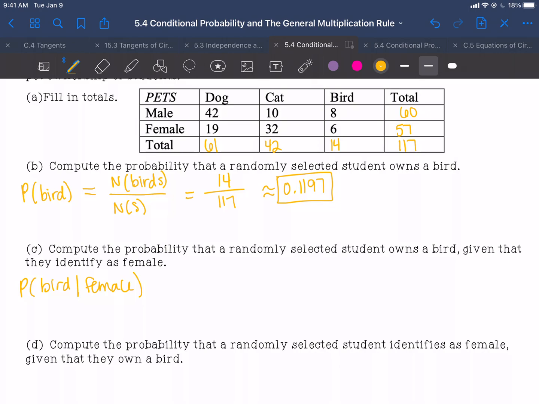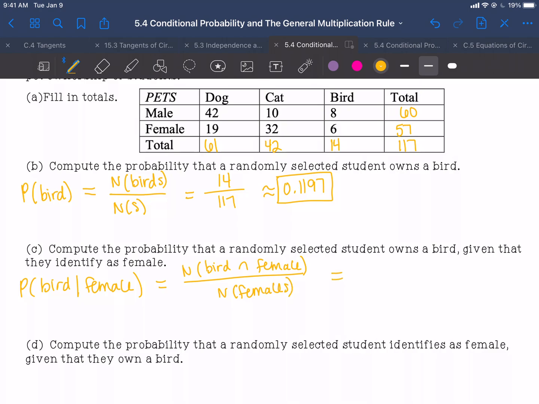So the probability that the student owns a bird given that they are female, we're going to take the number that have a bird and are a female and divide by the number of females.